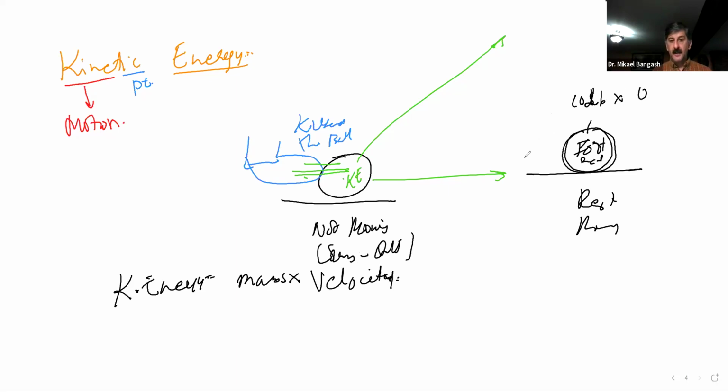And the amount of kinetic energy that it had was also equal to 0, because anything multiplied by 0 is equal to 0. Did you guys get that?